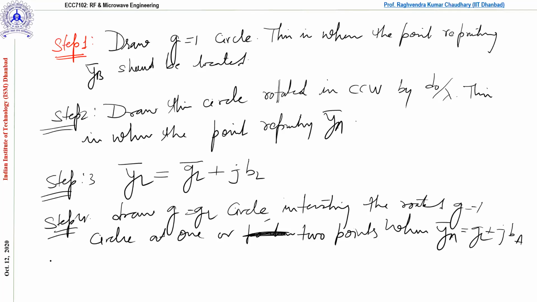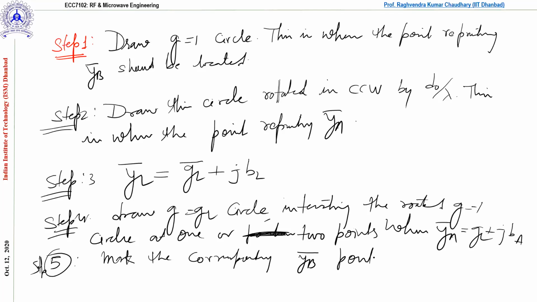Step number five: mark the corresponding YB point at the BB dash location on the G equal to 1 circle.